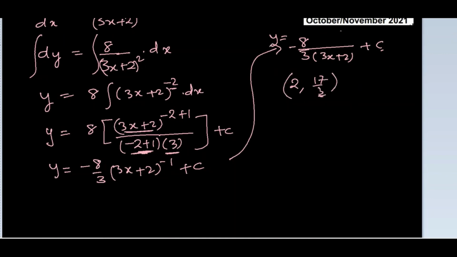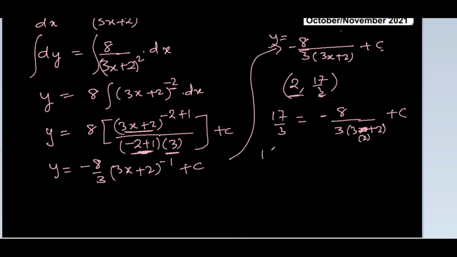So now let's substitute y by 17 over 3 equal to minus 8 over 3 times 3x plus 2 plus c. And let's, okay, we have to substitute x also by 2.